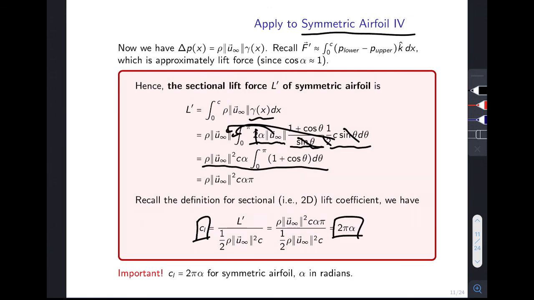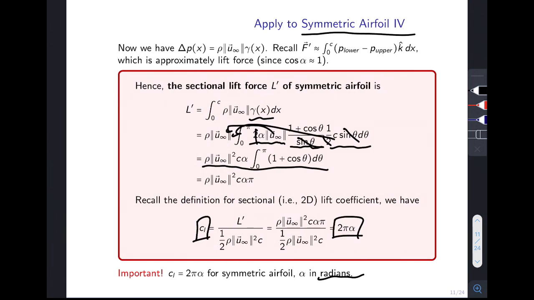The alpha, by the way, is in radians. That means if I increase my angle of attack by 1 radian, the lift coefficient will increase by around 6.28, which is basically 2 pi.